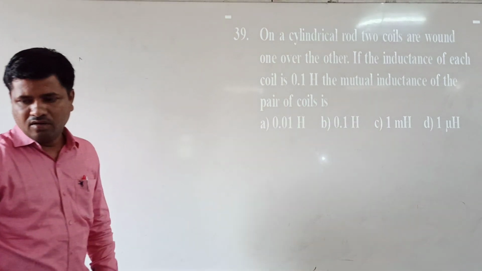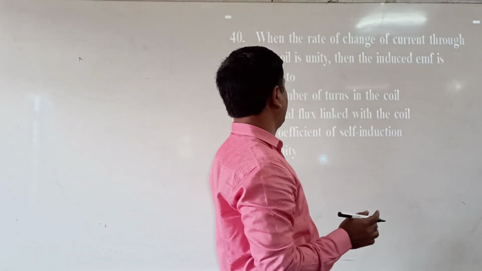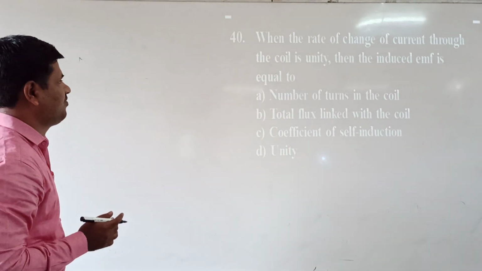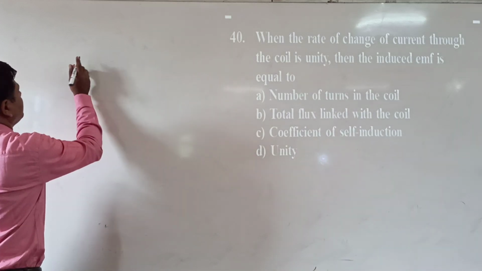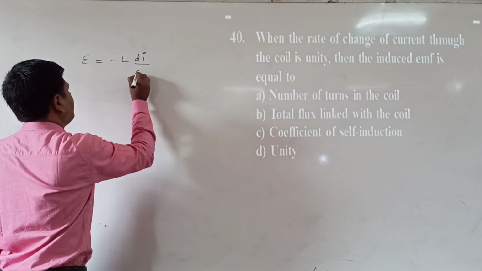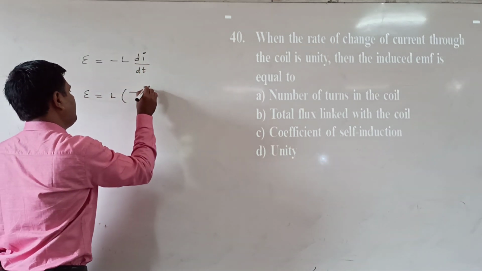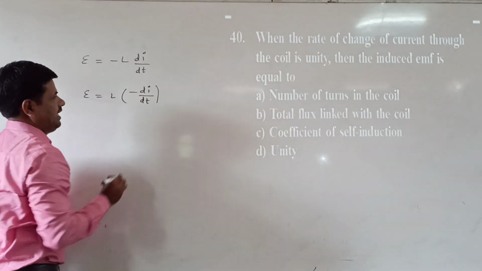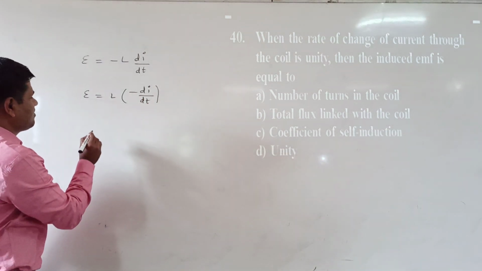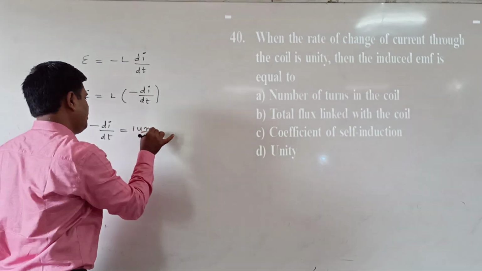Next we come to question number 40. When the rate of change of the current through the coil is unity, then the induced EMF is. We know that induced EMF epsilon is equal to minus L into di by dt. This di by dt is the rate of change of the current, given as unity, that is di by dt is equal to 1 unit.